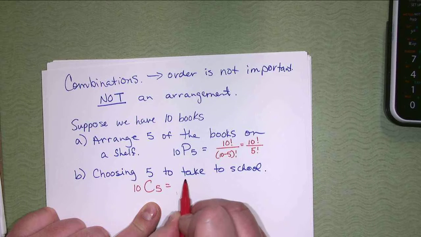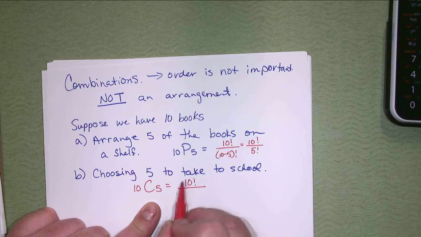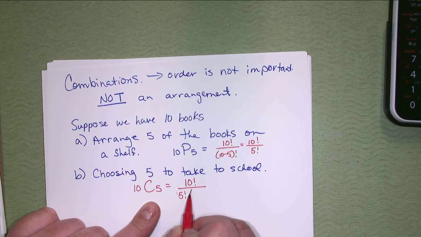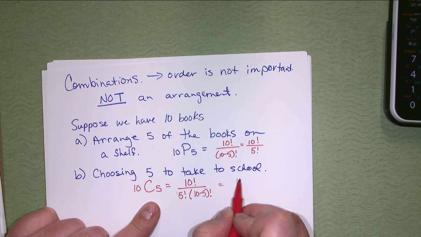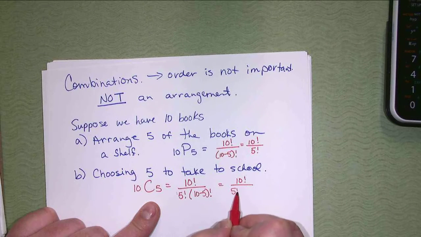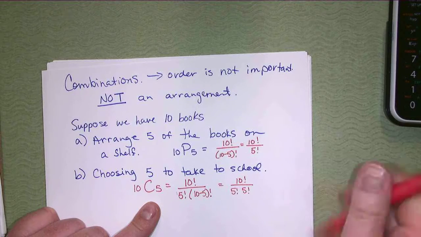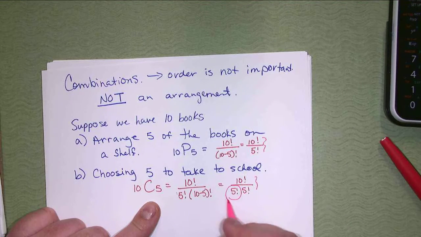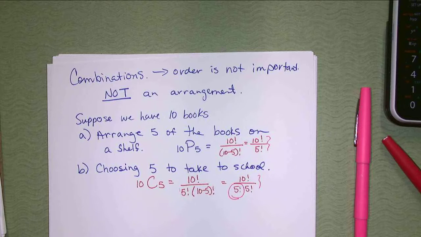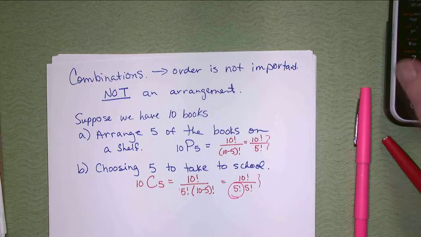This one is 10 factorial divided by 5 factorial and 10 minus 5 factorial. So this is the same as that part with this added on to it. We're dividing by the ones you're not arranging, those 5 once you pick them. You're just saying it's one way, so we divide it. So this is smaller by 5 factorial.